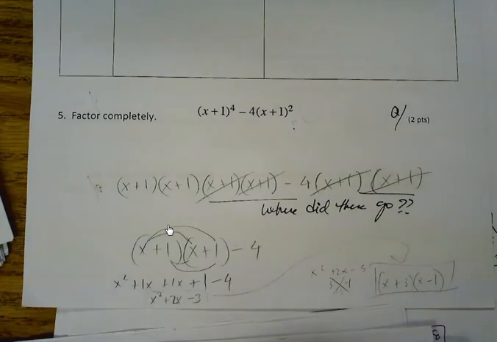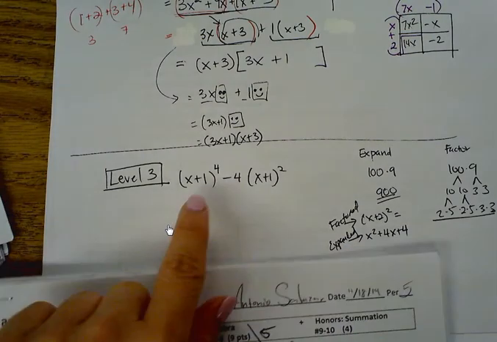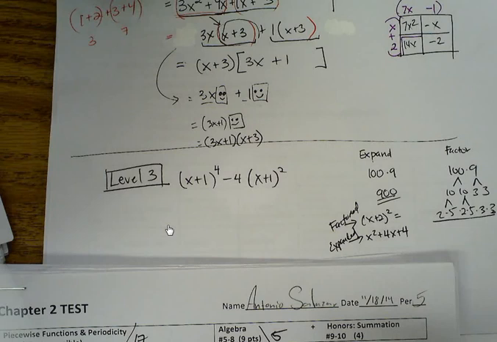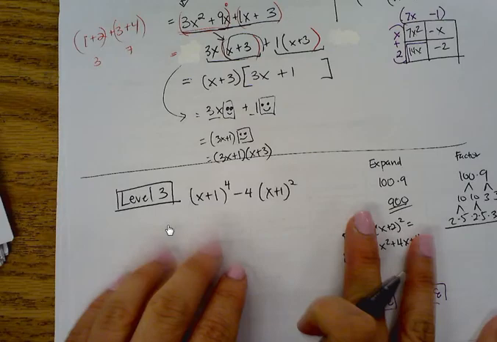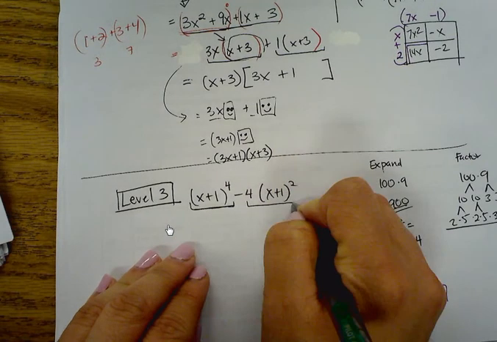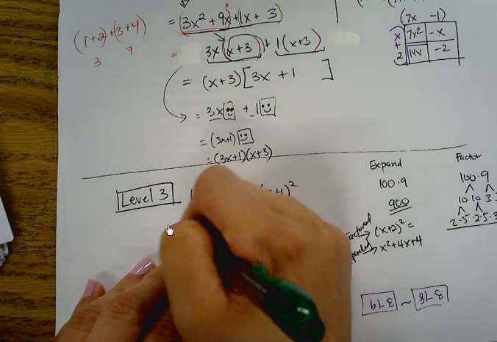Okay? So, alright, what can I do? Can I slash them out? No, but what could I have done with them? I could have factored them out, right? So how do you guys see how there's two terms here? Do any of these terms have anything in common? They both have an x plus 1. To what power? The second power in common.